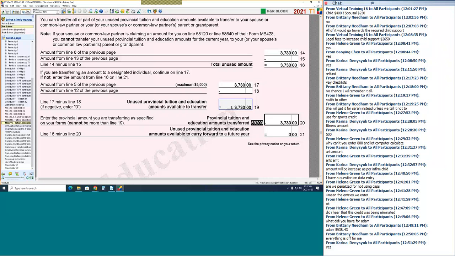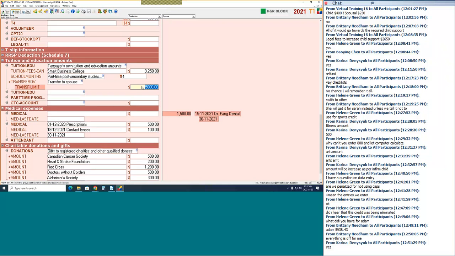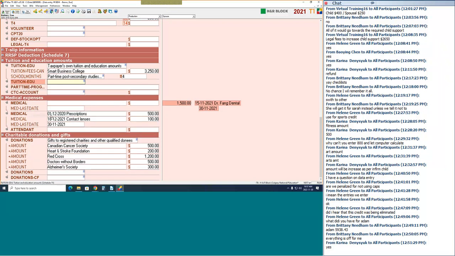It's a really good idea, when you're doing a transfer, to let the computer do the max. If you want to change it, you're going to go back in and make it match. So if the max that can be transferred is 7,370, and for some reason I need to do a transfer OV, I'm going to correct this number. I'm going to show you why that's important later. For now, if you want the maximum, don't do any extra data entry. We're going to leave it as is. Okay?